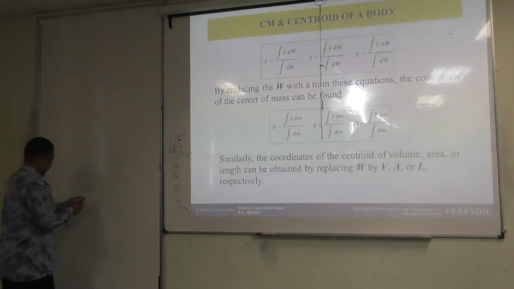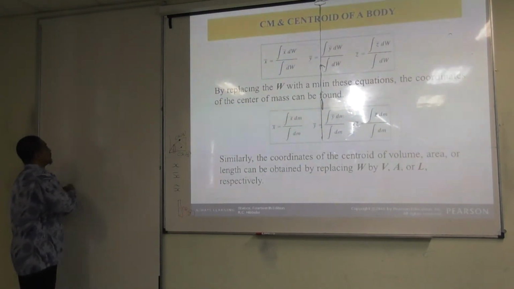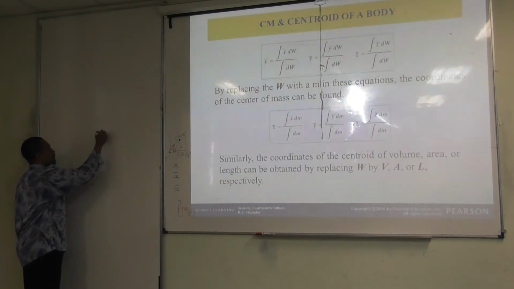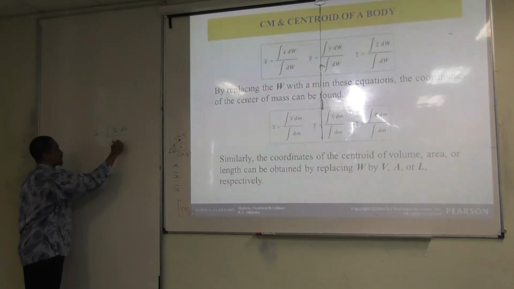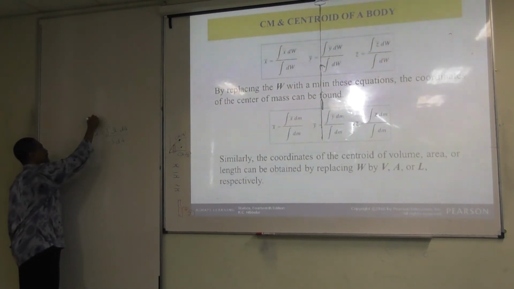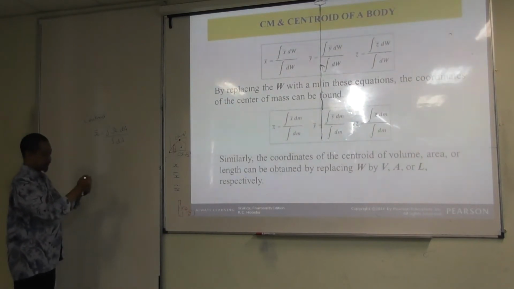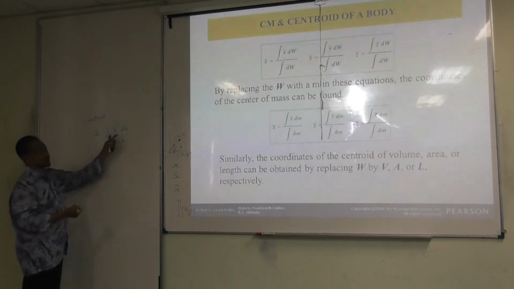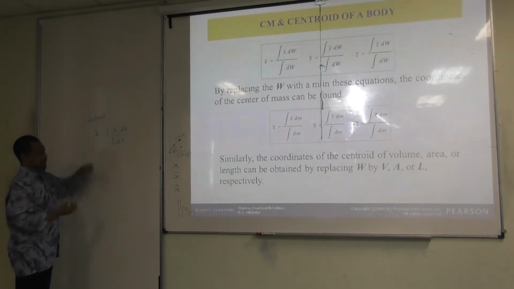Right? So in the equation we will have x bar equal to integration of x wave dA over integration of dA. This is for centroid with respect to area. If it's 3D with respect to volume, then dV. Right? So for y and z, you just change this to y and z, of course.